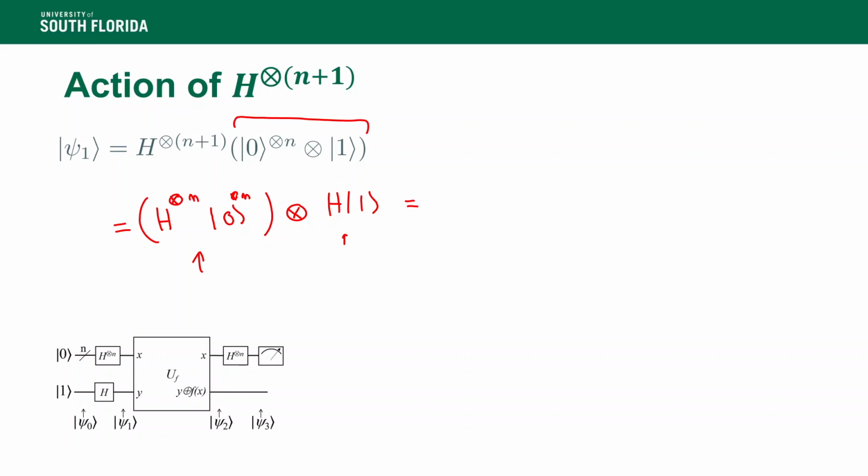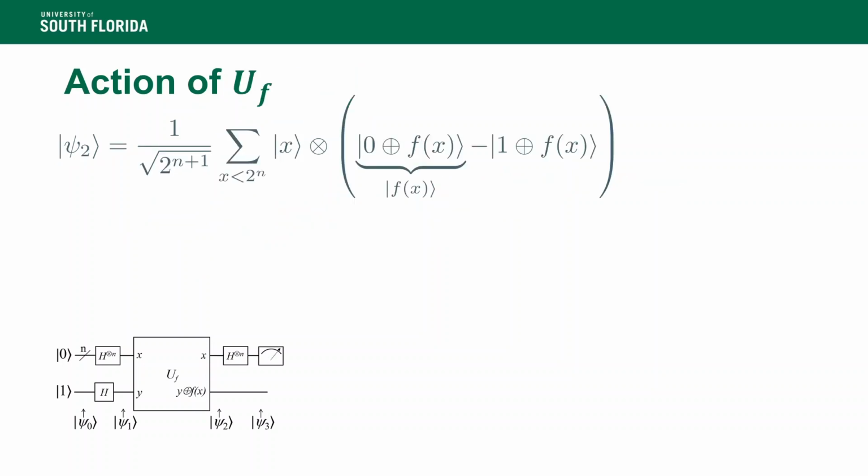So I can rewrite this whole thing, if I factor by the normalization factors, as 1 over square root 2^(n+1) times the sum for x strictly less than 2^n of |x⟩ tensor with |0⟩ minus |1⟩.